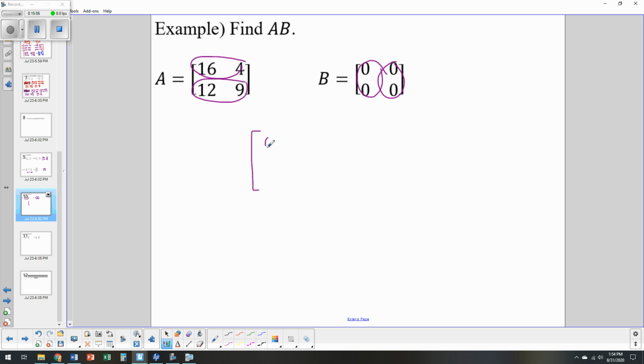So that first spot is 0. 16 times 0 is 0. 4 times 0 is 0. So that second spot is 0. 12 times 0, 9 times 0, 0 plus 0 is 0. And 12 times 0, 9 times 0, 0 plus 0 is 0. So when you multiply a matrix by a 0 matrix, the result will be a 0 matrix.